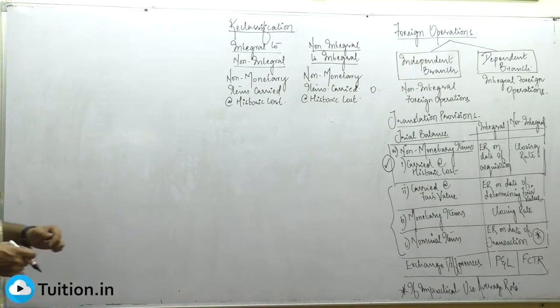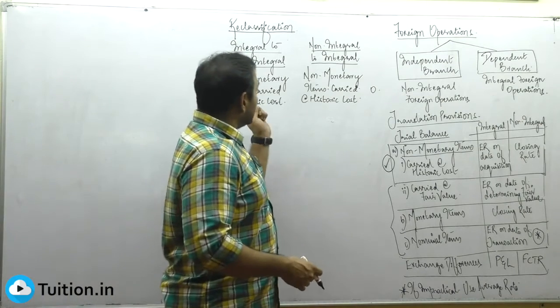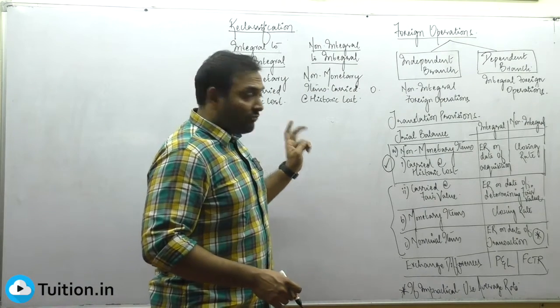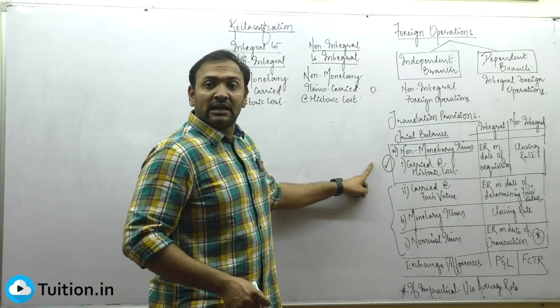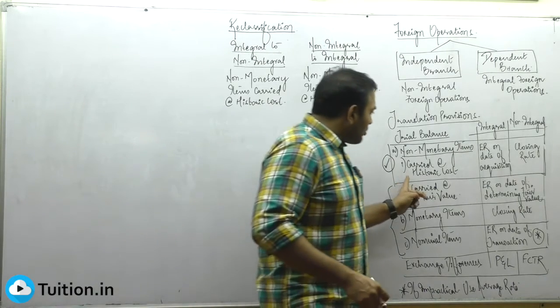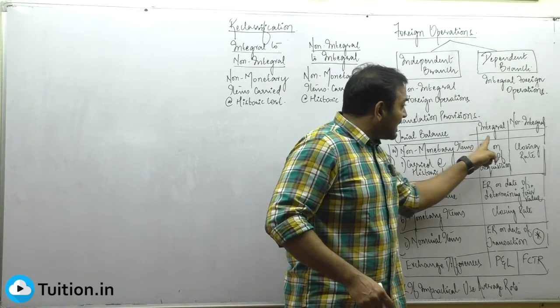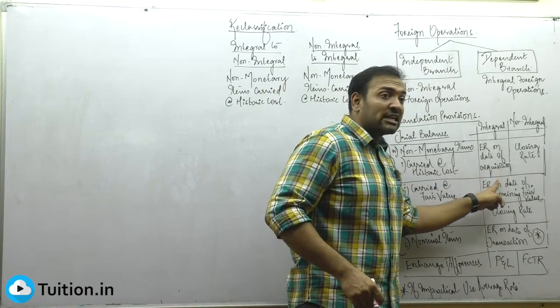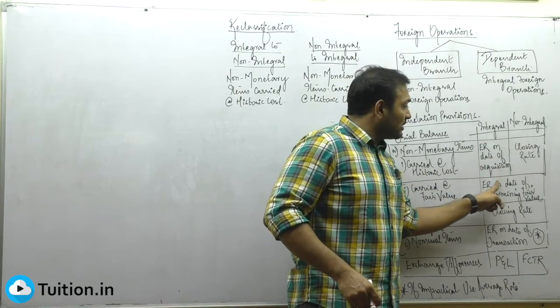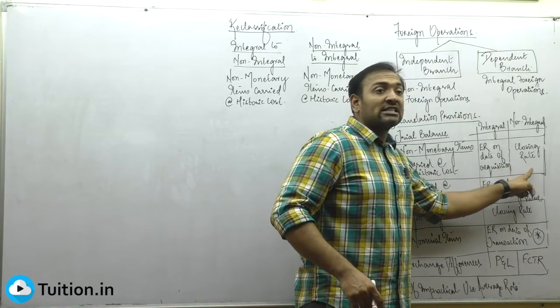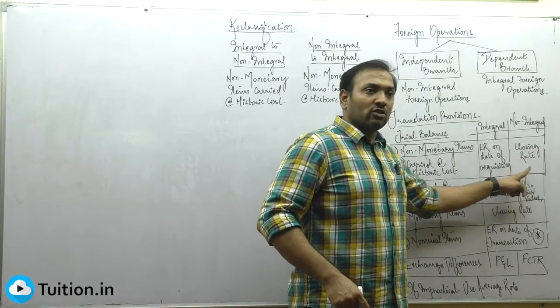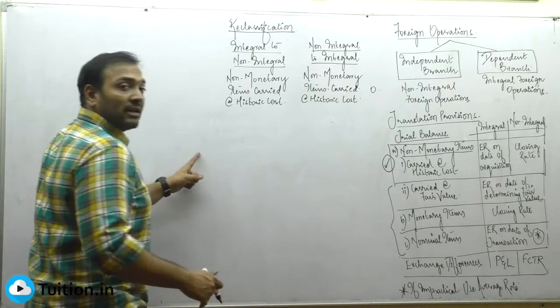Now, what happens here? Integral to non-integral with respect to non-monetary items carried at historic cost. Until it was integral, I was using the exchange rate on date of acquisition. Now suddenly I am using the exchange rate on balance sheet date, closing rate. So what is happening here?